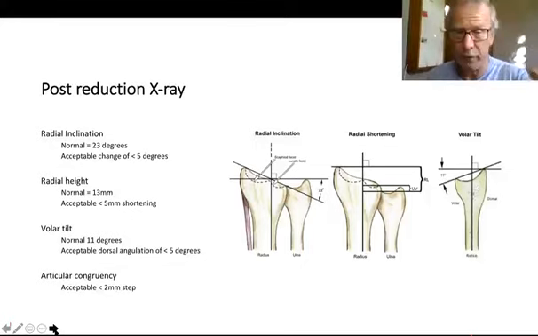So if you've done your post manipulation X-ray, you'll get an X-ray that looks more normal than the pre one, hopefully, and then you need to look at these angles and distances to see whether it's acceptable or not. And if it is intra-articular, then we don't want a step in the articular surface of more than 2 millimeters. Those would be the criteria for me to say whether I accept or not accept.